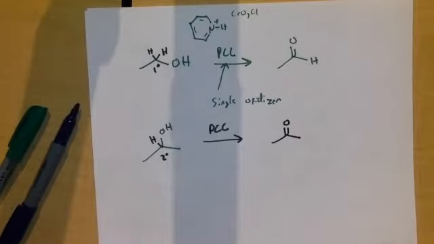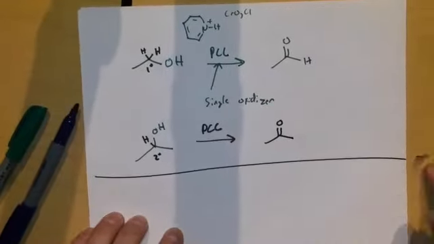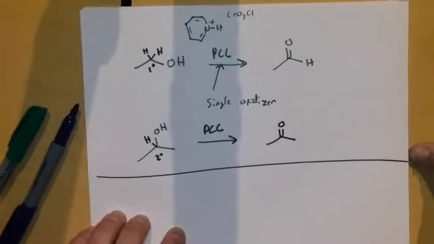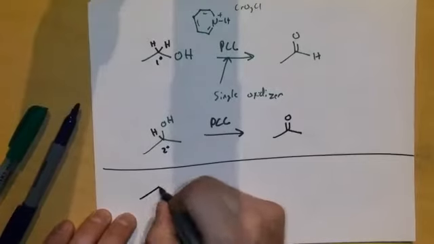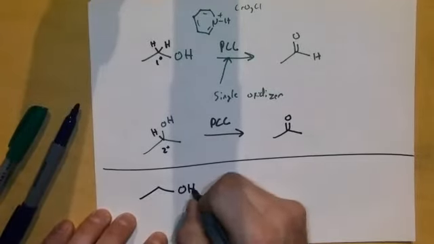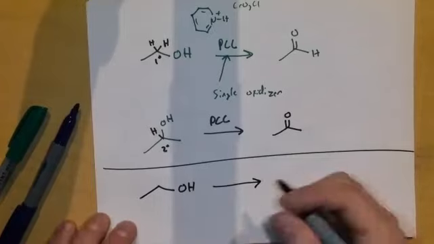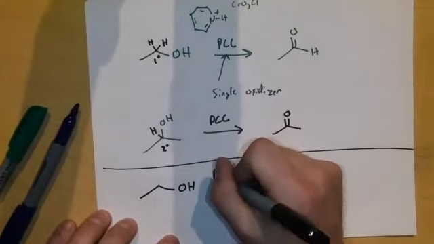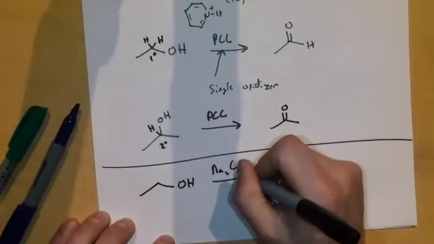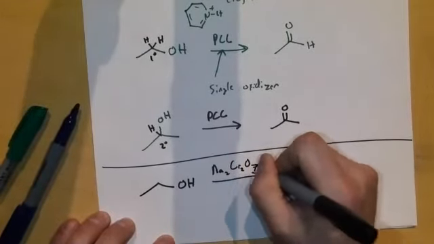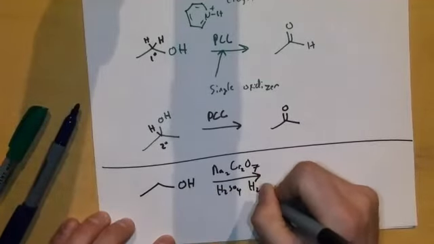Our other oxidizing reagent is going to be our stronger oxidizer. I'll just draw on the table here. And this is going to be really just a long name: Na2Cr2O7 in H2SO4 and water.